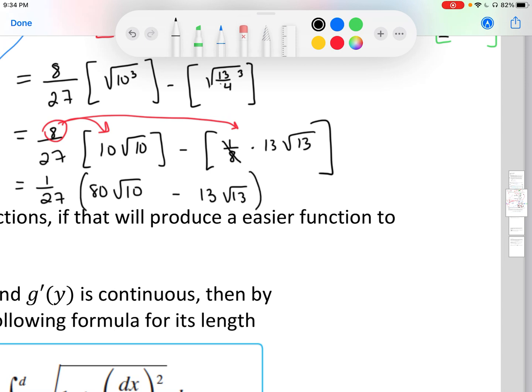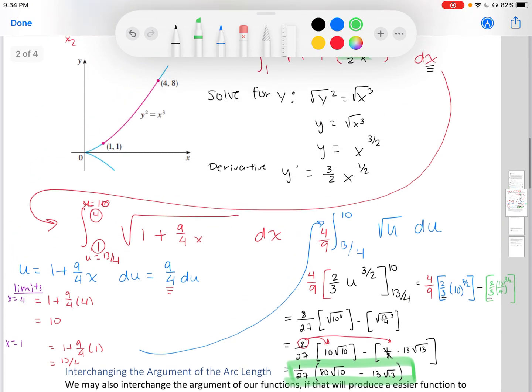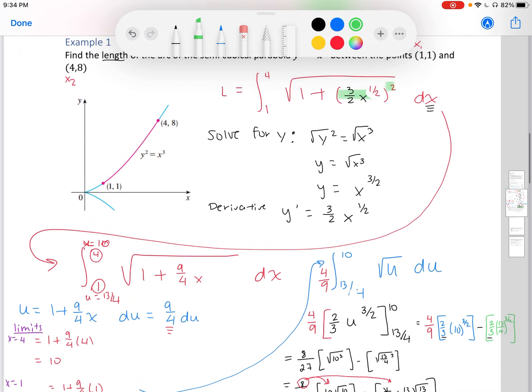And that's our answer. I'm sure you would agree, the formula is not so bad. And as always, the algebra is what becomes a challenge.